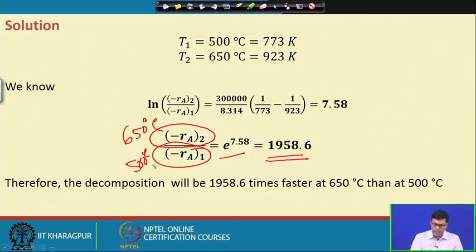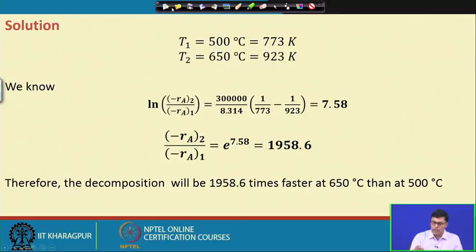If you look at the difference, as compared to 500 degree centigrade, at 650 degree centigrade the rate of reaction will be 1958.6 fold. So, this is a very interesting thing, that we can find out by increasing temperature what is the percentage enhancement of the rate of reaction that takes place.